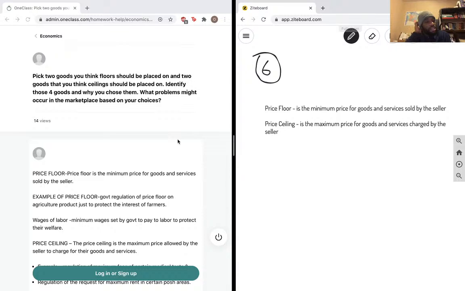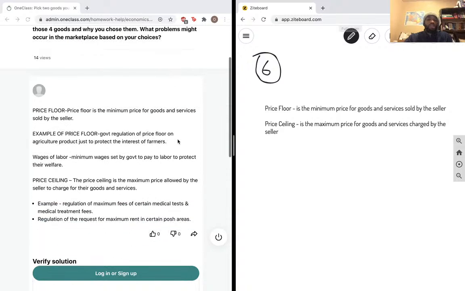Another example is wages of labor, aka minimum wage, set by the government to pay labor to protect their welfare.